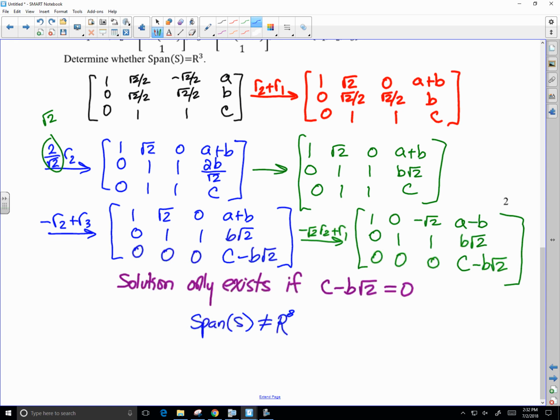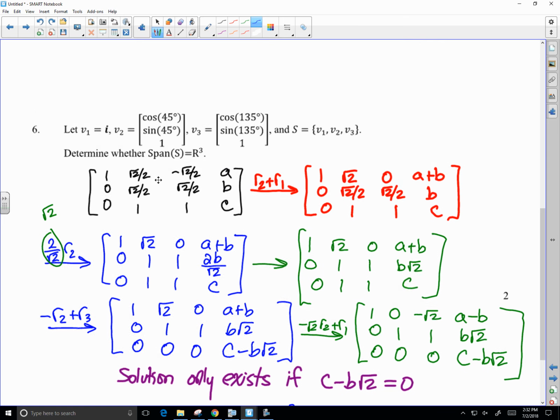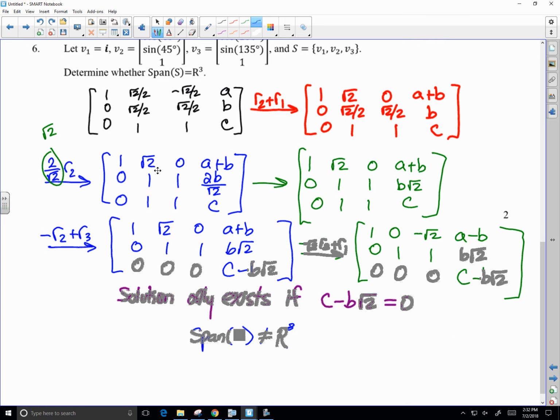So when you do row reduction on the 3x3 matrix, if you have a pivot in each of the first 3 rows and first 3 columns, then a solution exists in all situations. But showing that there are zeros indicates that it would not span all of R3. It only spans when c minus b root 2 is equal to 0. If you had a 1 right before c minus b, then you would say it spans all.